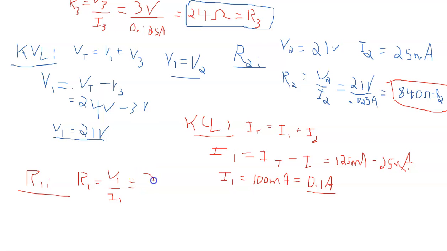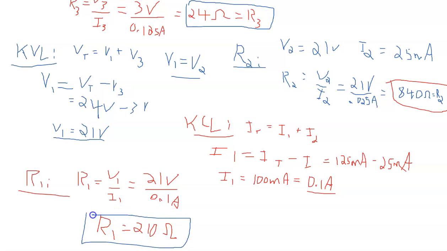Remember, V1 was 21 volts, and I1 now 0.1 amps, and that means that R1 has a value of 210 ohms. Now, that finishes what we've been asked to find, the three resistor values: R1 at 210, R2 at 840, and R3 at 24.